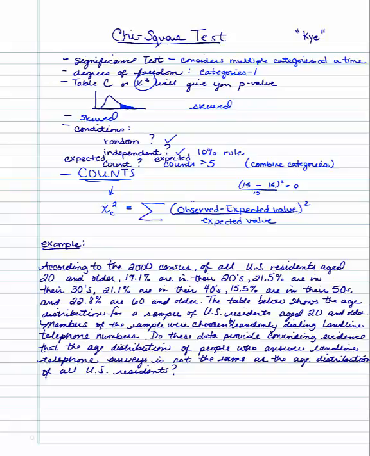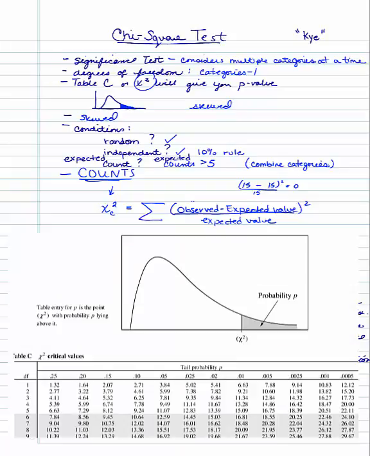If there's a big change, you're going to get a number greater than 0. It's always going to be positive numbers because you're going to be squaring whatever it is. And when you look at the chart, you're looking for the degrees of freedom and the chi-squared value that you end up with. And then it will give you a p-value, or you might end up with a p-value range to be able to figure something out and reject or fail to reject.